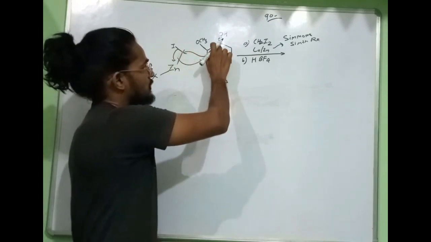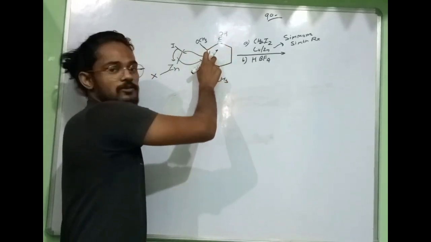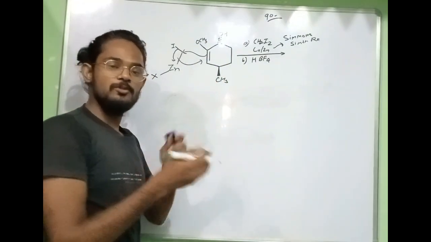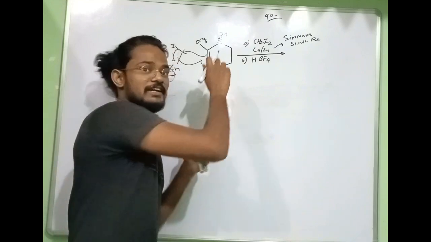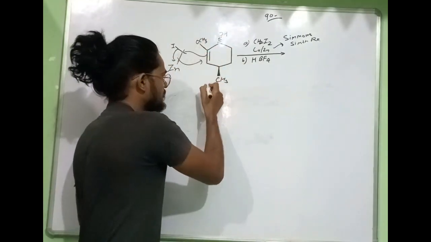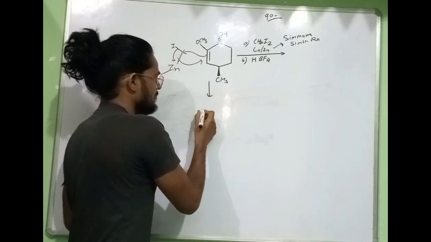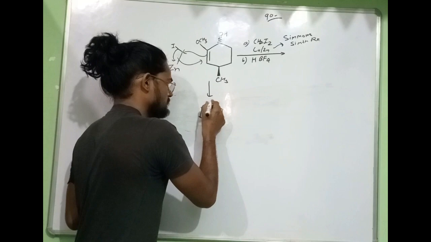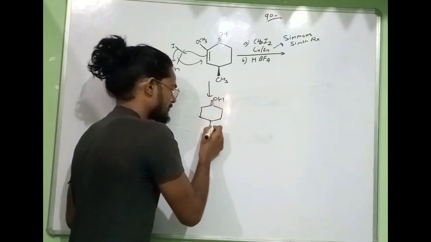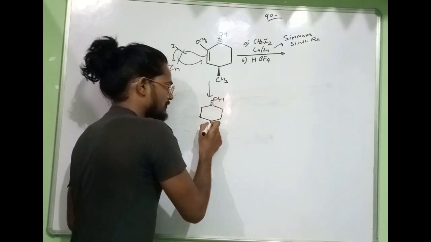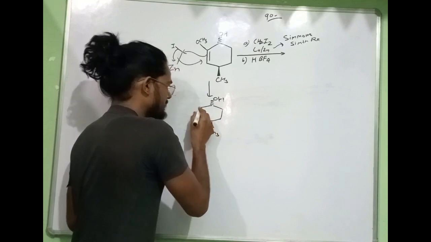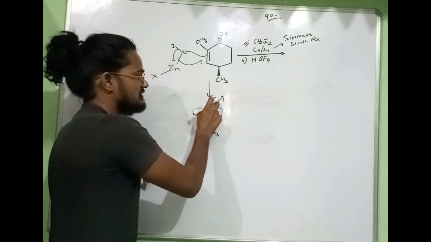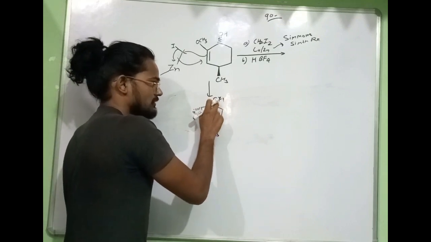Now you can see here your allylic alcohol is below the plane, then the cyclopropanation always occurs on the same side as the OH group. This is the alcohol present below the plane, and the cyclopropanation occurs below the plane, the same face as the OH group.